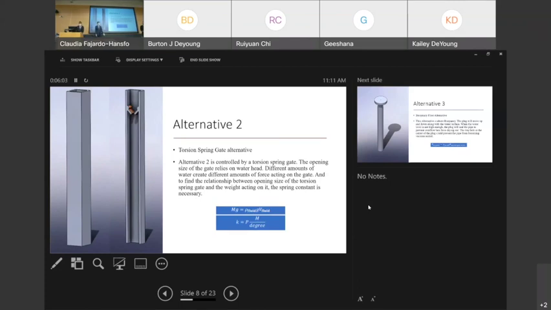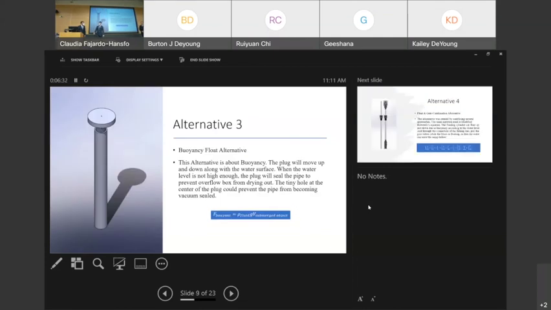If the water level is not high enough, then the opening size will be smaller or even closed. Here are two equations mainly involved in this alternative. The first one is to calculate the weight from fluid above the spring gate. The second is the relationship between spring gate angle, spring constant, applied force, and the created moment.